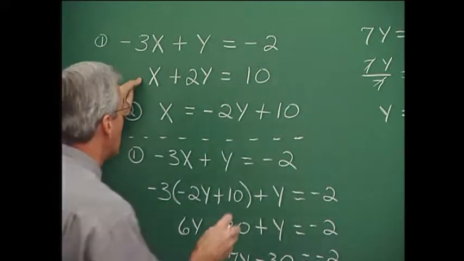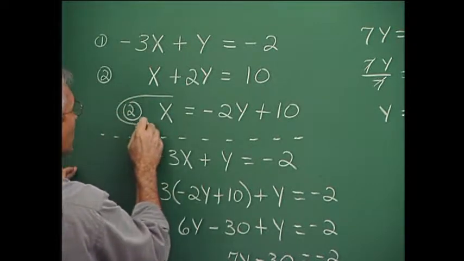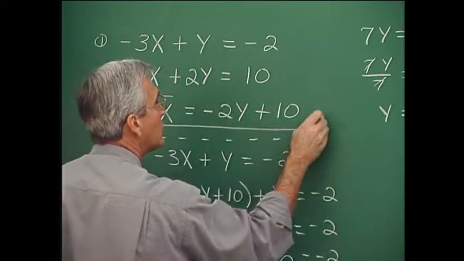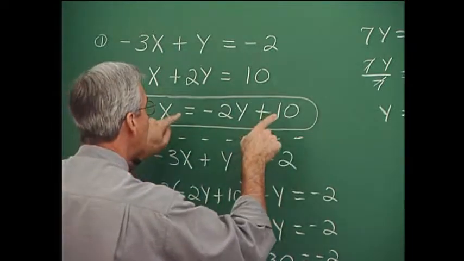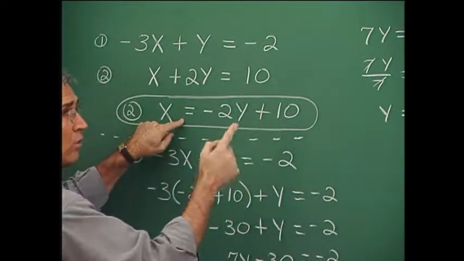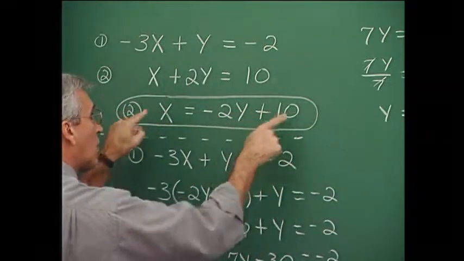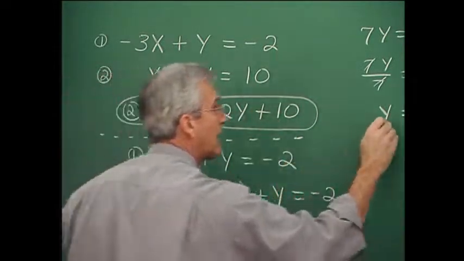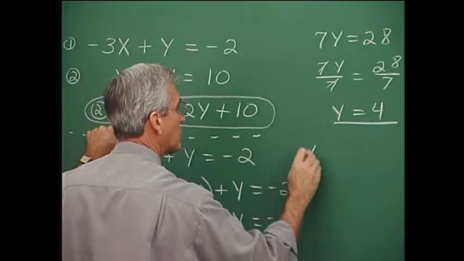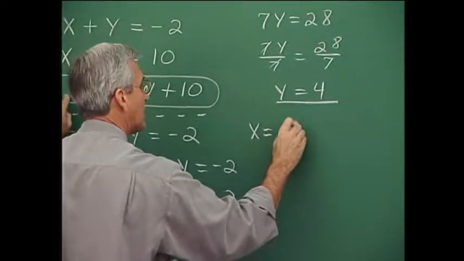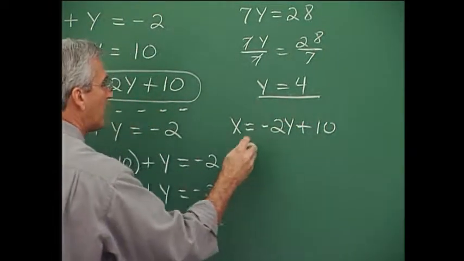And it'll turn out that you're going to choose this equivalent form for back substitution purposes because it's really easy to substitute into this form. After all, we're trying to find x when y is 4, and this one is already solved for x. So we're taking this information and putting it in here. We're going to take the x equals minus 2y plus 10, replace y with 4.